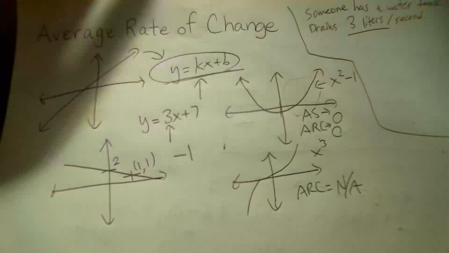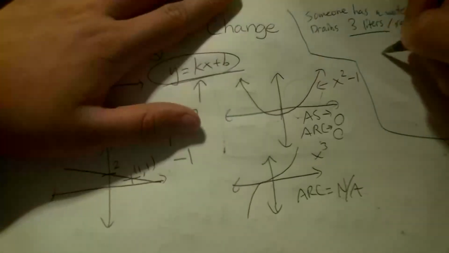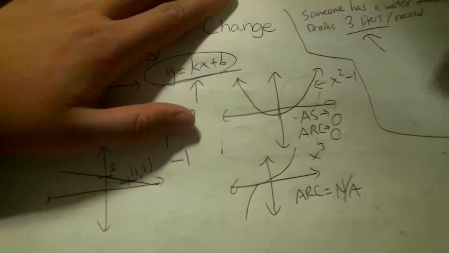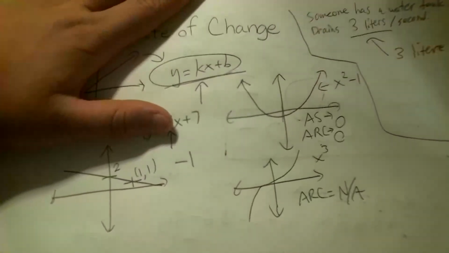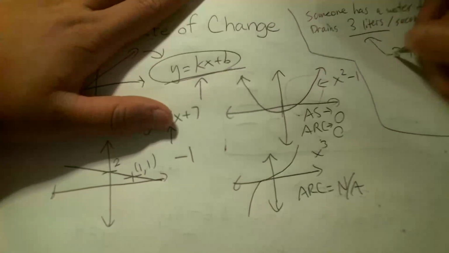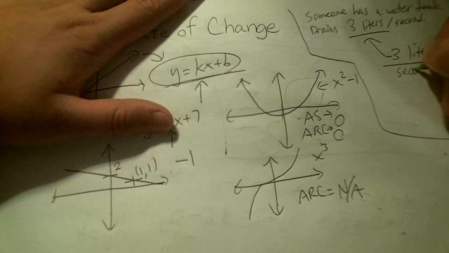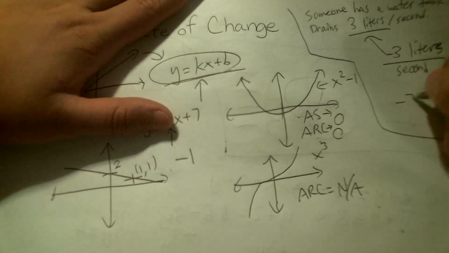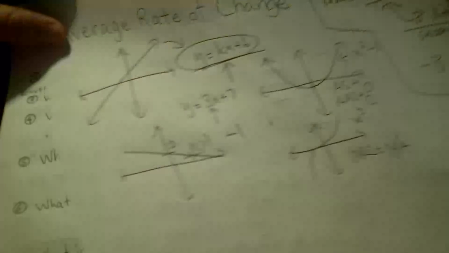So what would be the rate of change here? The average rate of change would be the slope, which in this case would be negative 3 liters per second. And the average rate of change would be negative 3. Alright, let's try some problems regarding this.